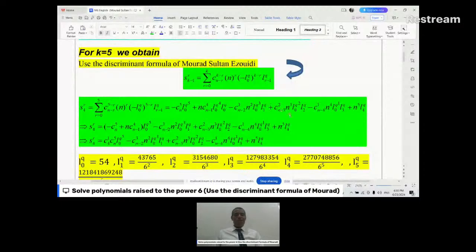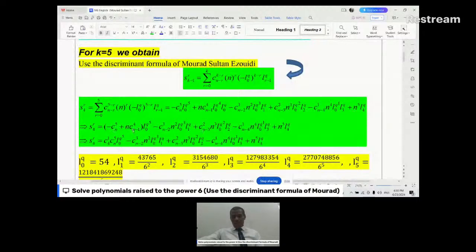The next term will be combination n minus 3 choose 2, n cubed, L0 for the q raised to the power 2, L2 for the q, minus combination n minus 4 choose 1, times n raised to the power 4, times L0 for the q, times L3, plus the last term n raised to the power 5 times L4 for the q.